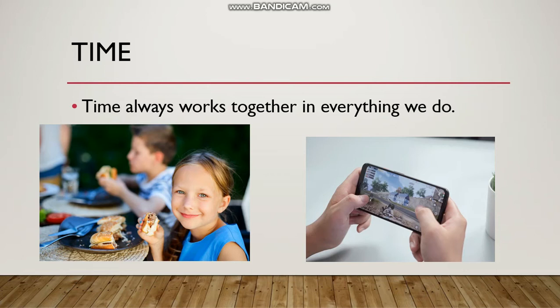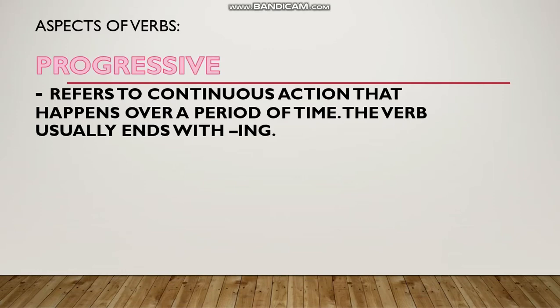Since we're talking about time, our topic for today is none other than aspects of verb. Today, we will discuss another aspect, the progressive aspect. It refers to the continuous action that happens over a period of time. The verb usually ends with ing.